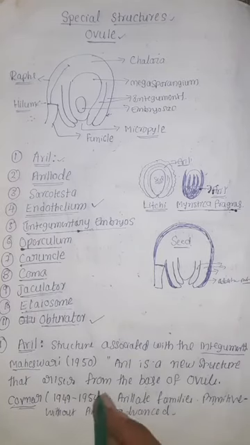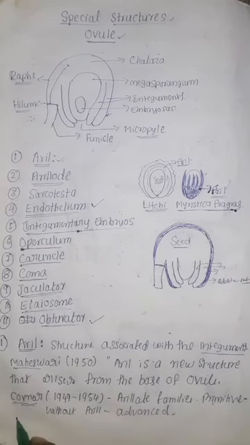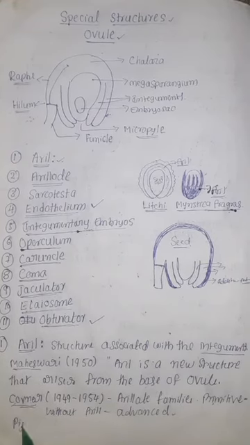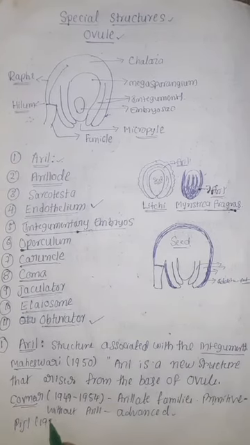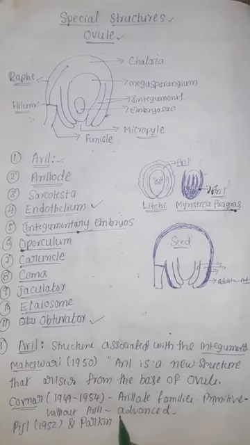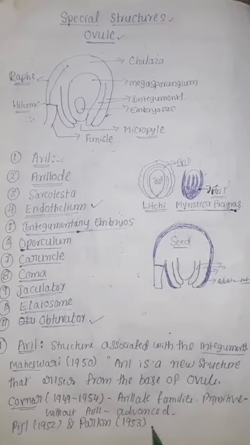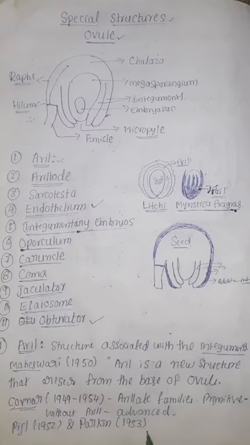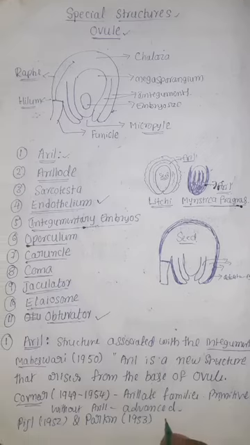But other scientists like Pijl in 1952 and Parkin in 1953 individually opined that it is nowhere related to phylogenetics, that it is irrespective of phylogenetics.